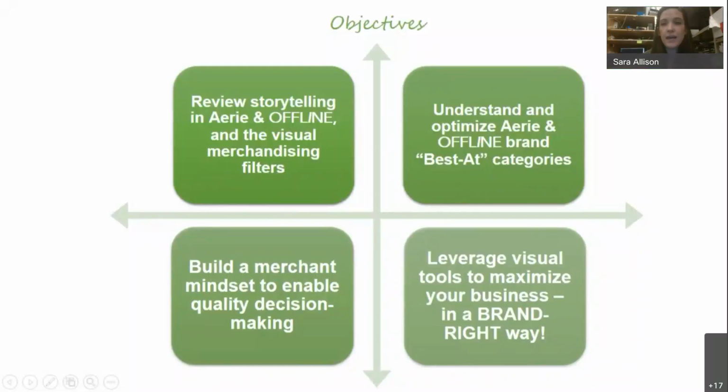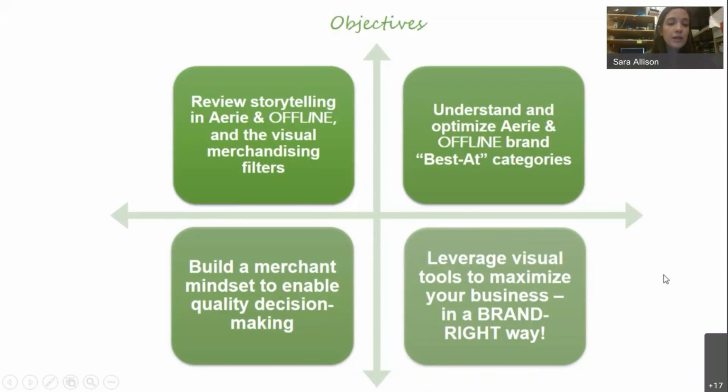So our objectives today are, first of all, to review storytelling in ARI and offline, along with the visual merchandising filters, and really do a deep dive into those. We're also going to understand and optimize ARI and offline brand best stat categories and how we can really maximize those and make the most of them in our spaces.